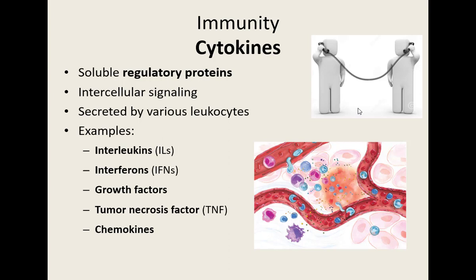So if you have two cells, and this one becomes infected with a virus, there's my virus. This infected cell can actually send signals to that cell. That would be your interferon. And it can tell that cell, you know, there's viruses around. You should probably arm yourself.